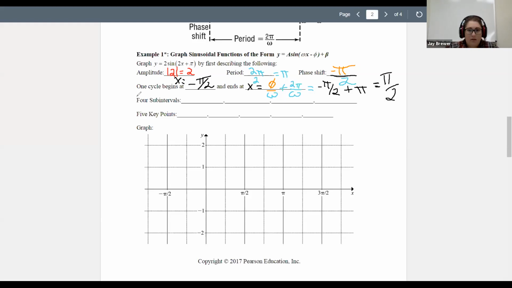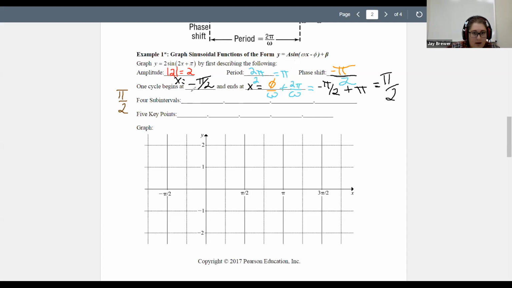So the next thing we're going to do is our sub-intervals. We're going to take each length, which is just pi, right? Our period is pi. And we're going to divide it by 4. So you're going to have 4 sub-intervals, each pi over 4. The first one, if you were to do it on a number line, is negative pi over 2. You leave that out front.